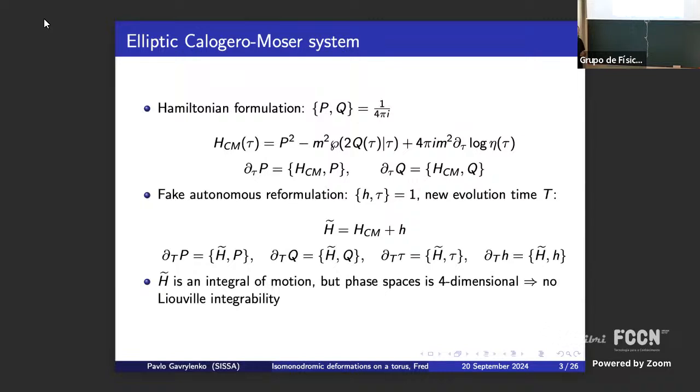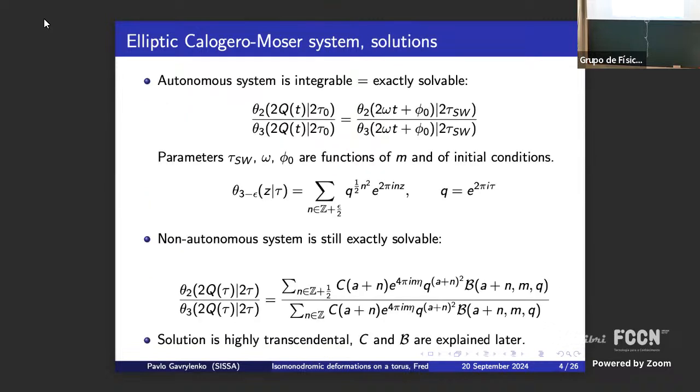If you look at the non-autonomous one and want to study Hamiltonian compatibility, so formally introduce another variable, the Hamiltonian, the time, it becomes something four-dimensional, still with a single integral of motion. So namely, it's not Liouville integrable. But nevertheless, it turns out that the solution of the system can still be written.